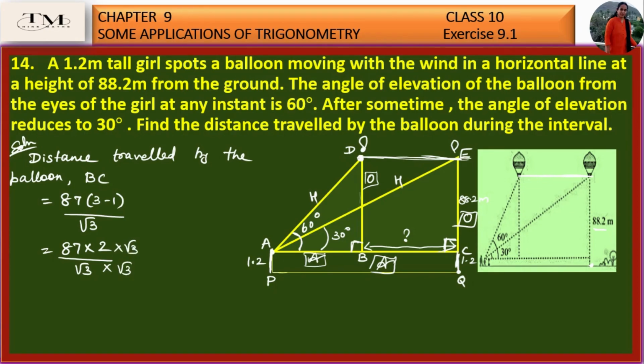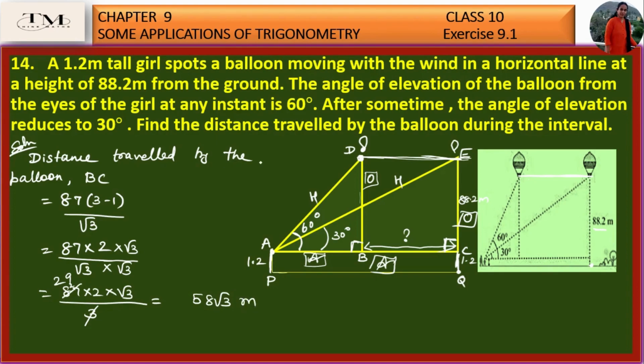So it is 87 into 2 into root 3 divided by root 3 into root 3, which is 3. One 3 is 3, 87: 2 3s are 6, balance 2, 9 3s are 27, so 29. What is 29 into 2? 29 into 2 is 58. So 58 root 3 meter.